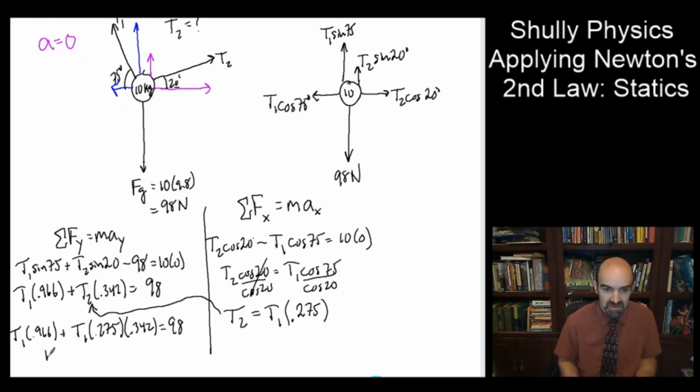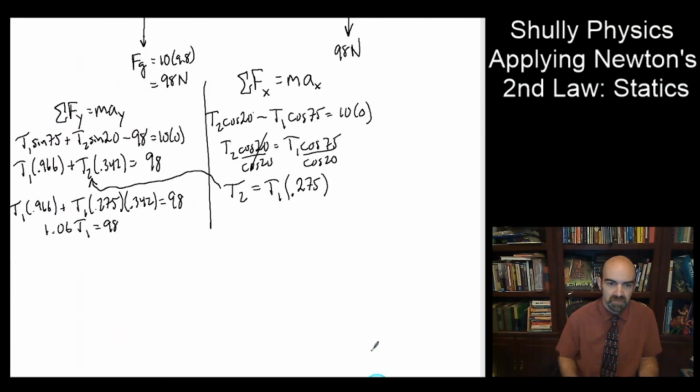So I've got 1.06 T1 equals 98. Divide both sides by 1.06. A little less than 98. T1 is holding almost all the weight there.